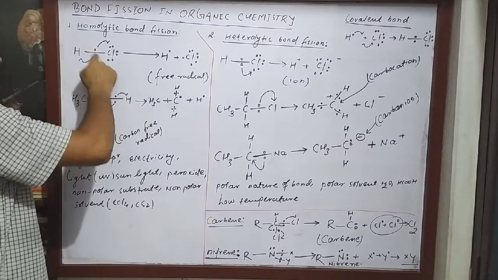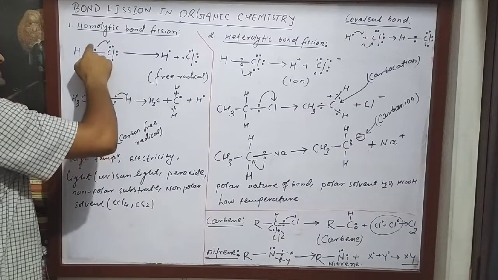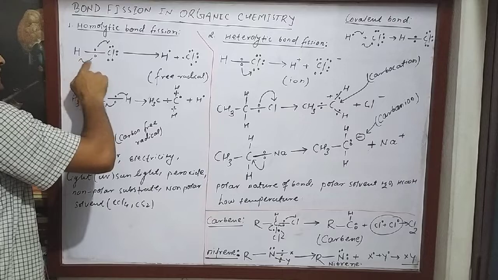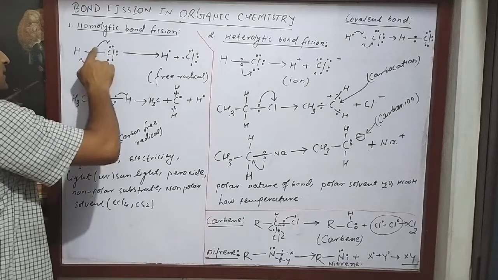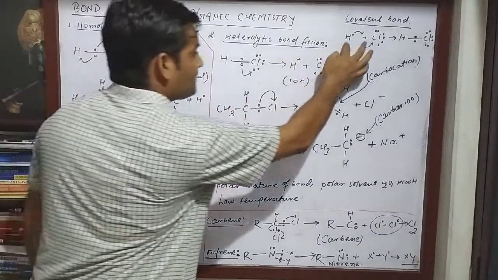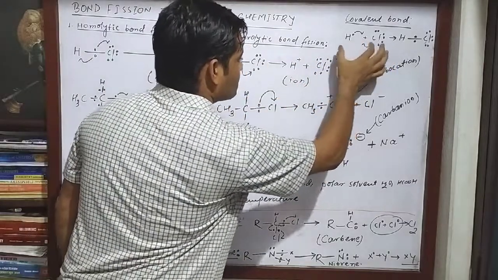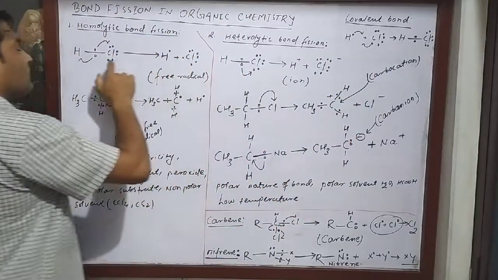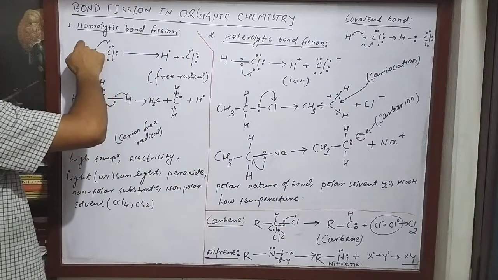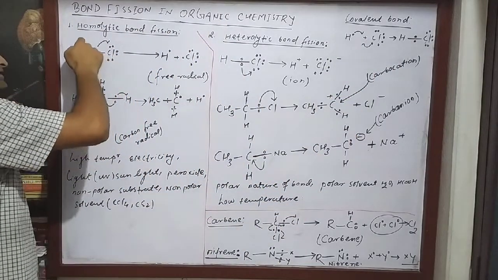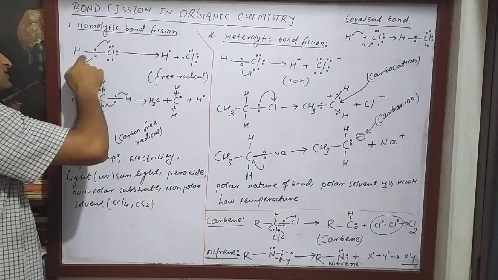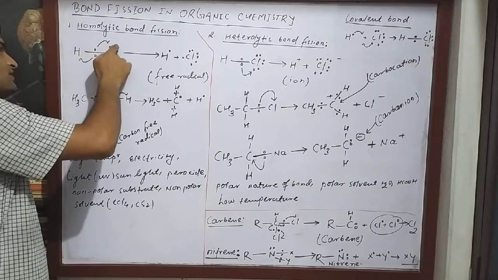In homolytic bond fission, of the shared pair of electrons, 1 electron comes from hydrogen and 1 electron comes from the chlorine atom, and hydrogen and chlorine are neutral atoms. When the bond between hydrogen and chlorine breaks, 1 electron shifts towards hydrogen and the other towards chlorine.